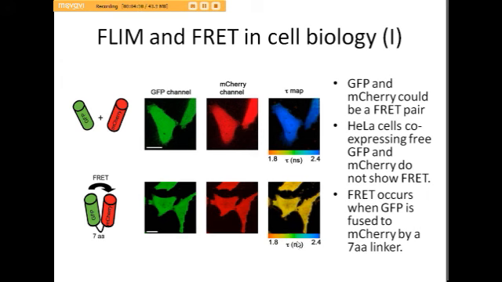This is also color coded just like the previous one. We can see from this image that the majority of molecules show yellow, which means around 2 nanoseconds. So the fluorescence lifetime is now 2, lower than 2.4. That indicates there is FRET between GFP and mCherry in this case.